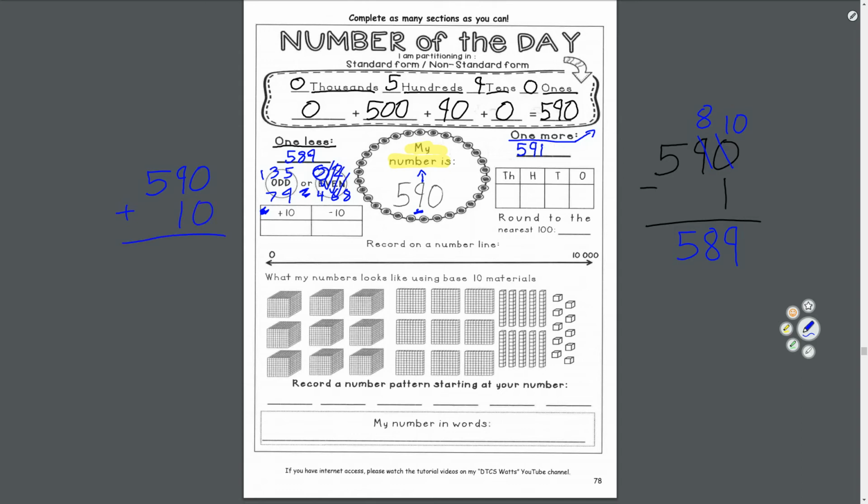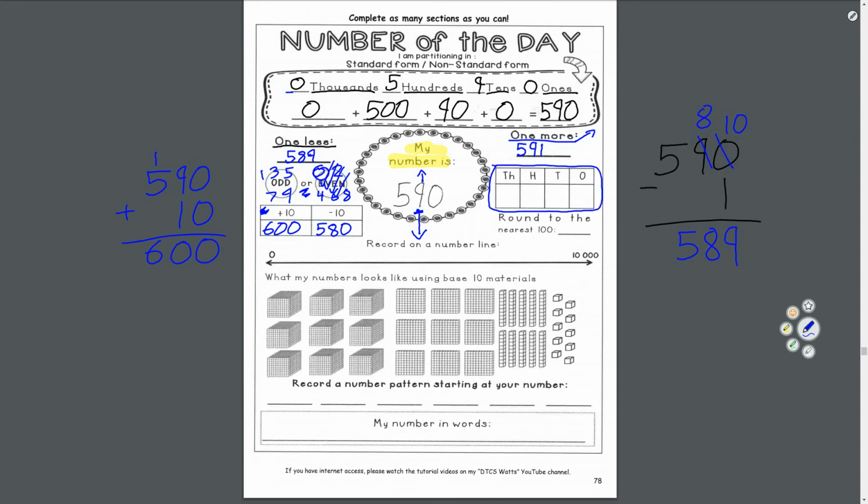Start in the ones place. 0 plus 0 equals 0. 9 plus 1 equals 10. 0 goes here, carry the 1. 1 plus 5 equals 6. So plus 10 equals 600. And take away 10, that's easier. 5 stays the same. 9 goes down to 8. And 0 stays the same. 580.